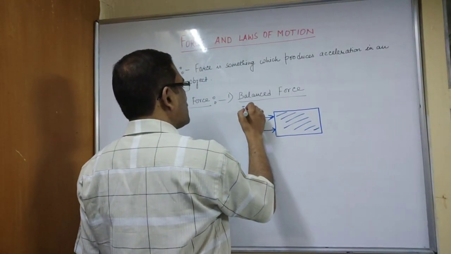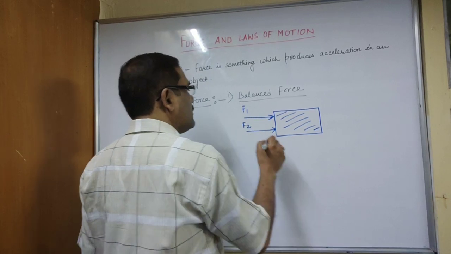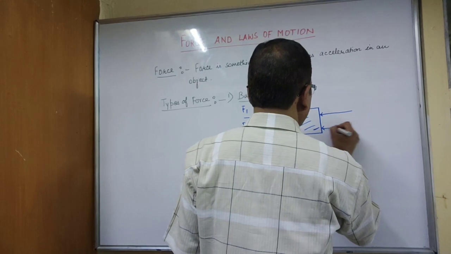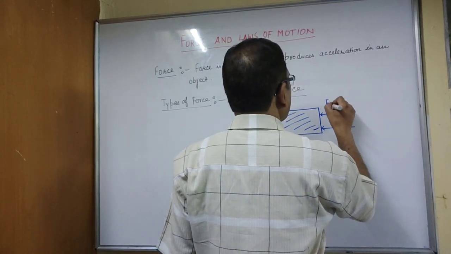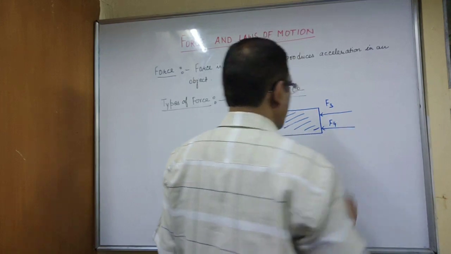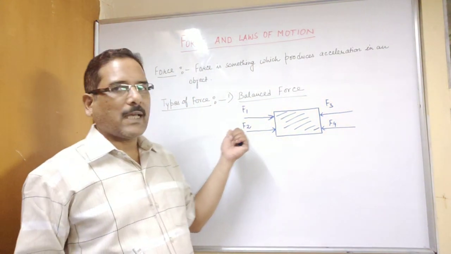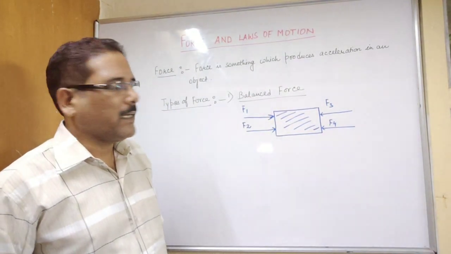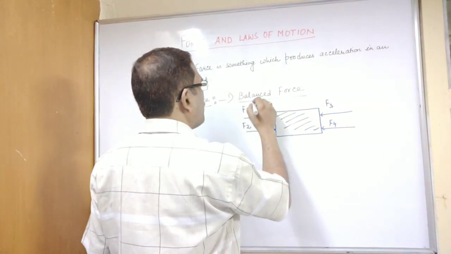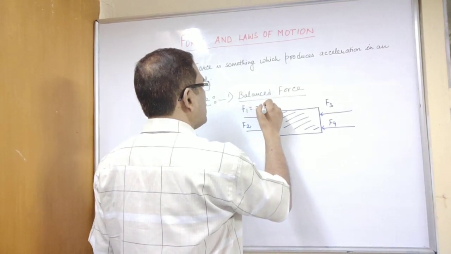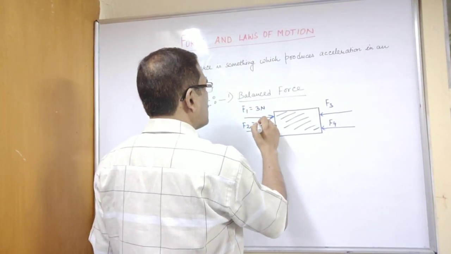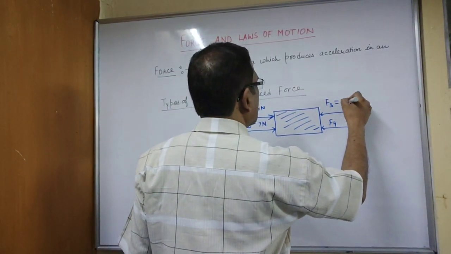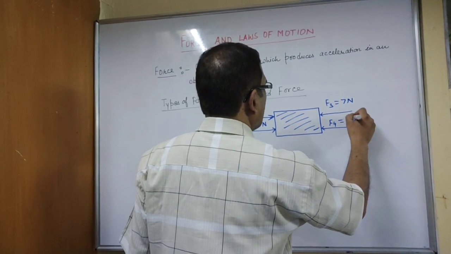You can mark these forces as F1 and F2, and from the right side also two forces are acting. You can mark them as F3 and F4. Let the magnitude of force F1 be 3 Newton, F2 is 7 Newton, F3 is 7 Newton, F4 is 3 Newton.